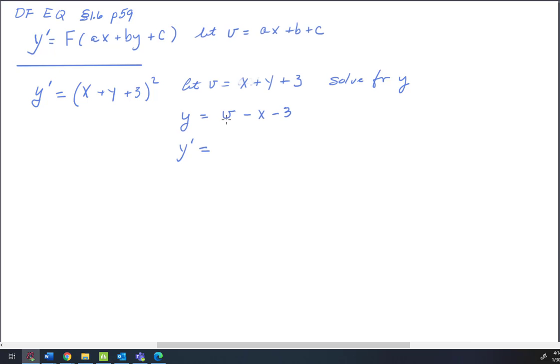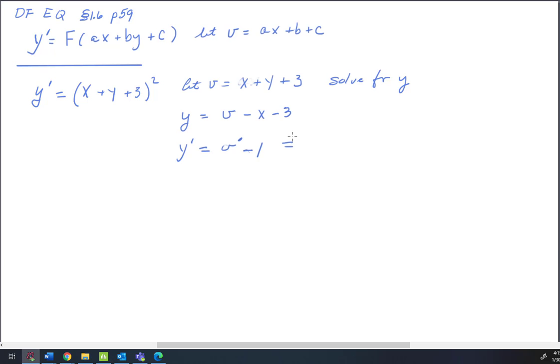This is going to be dv dx times dx dx using the chain rule, and dx dx is of course 1. So right here I'm going to get v prime, and then x differentiated with respect to x would be 1, and the 3 differentiated with respect to x would be 0.